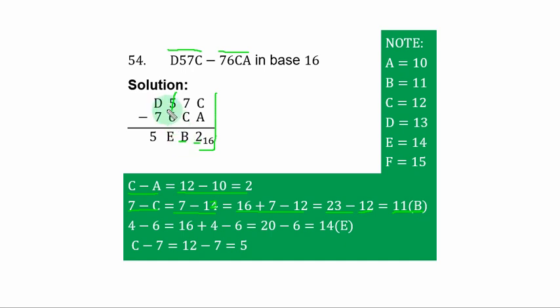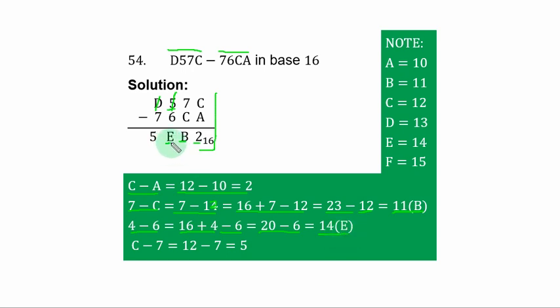Here you are left with 4, and 4 minus 6 cannot. So you come to where you have D. Notice that D is equal to 13. If you borrow 1 from D, that one is equivalent to 16. You add it to 4 first and you subtract 6. That is 20 minus 6 equal to 14, which is E in base 16.